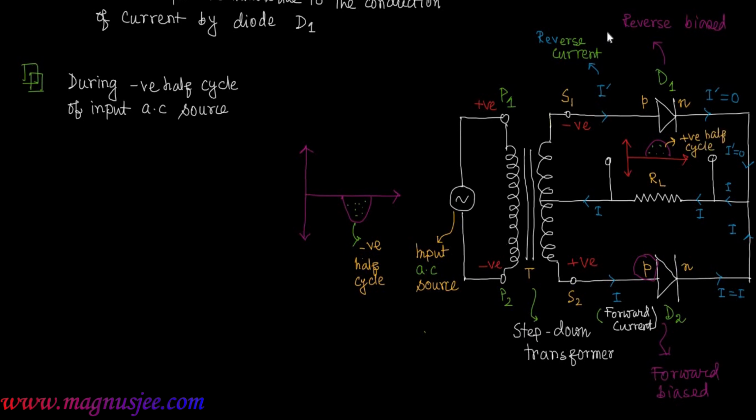This is the positive half cycle at the output. So what we can say is that this negative half cycle is converted into this positive half cycle at the output, across the load resistance RL, due to the conduction of current of the diode D2.